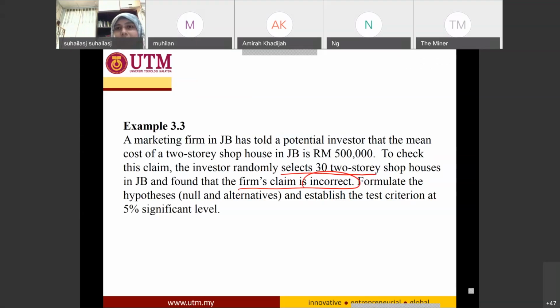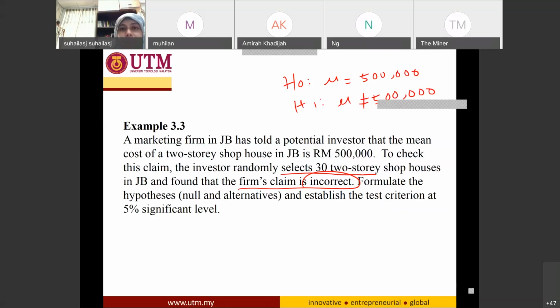So this one is again two-sided test. So you have your H0, kamu punya H0 mu equals to 500,000. Your alternative mu is unequal. Okay, again alpha is 5%. So tulis dulu alpha 0.05.